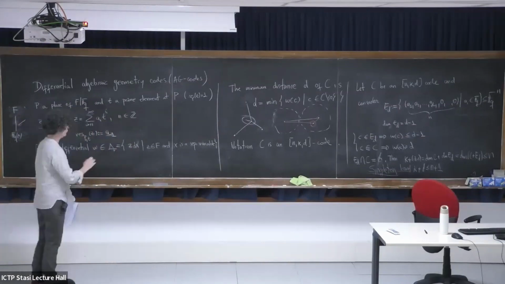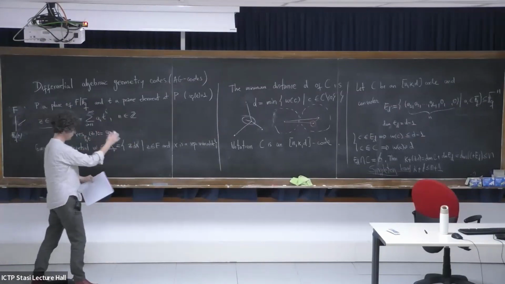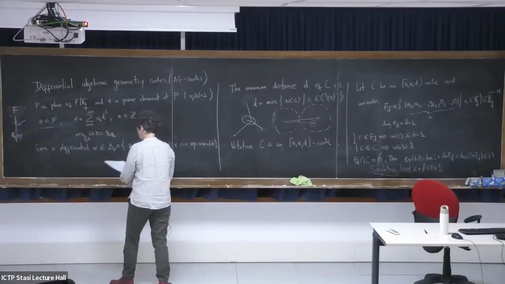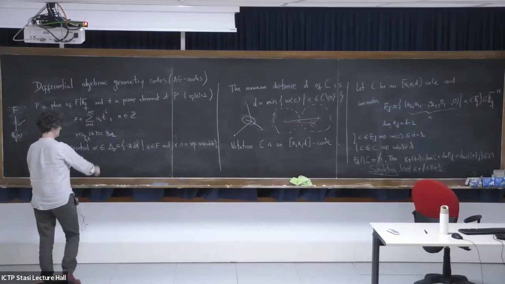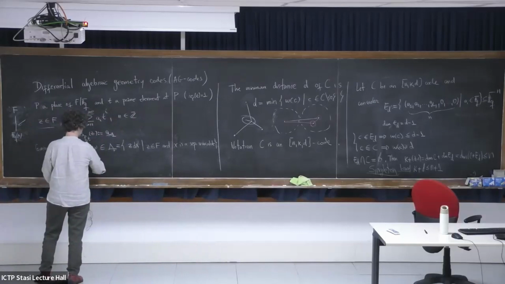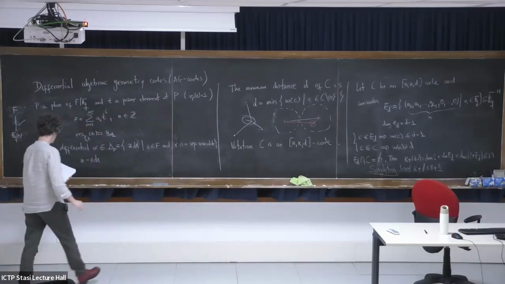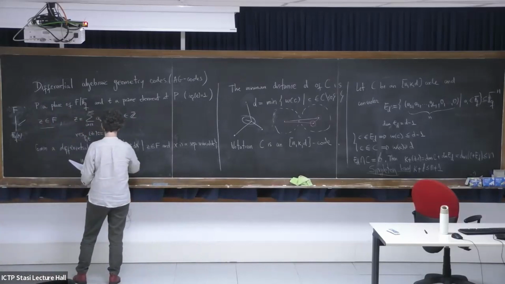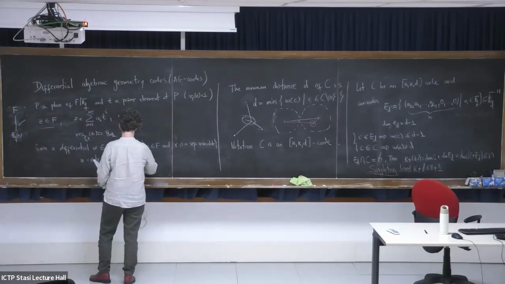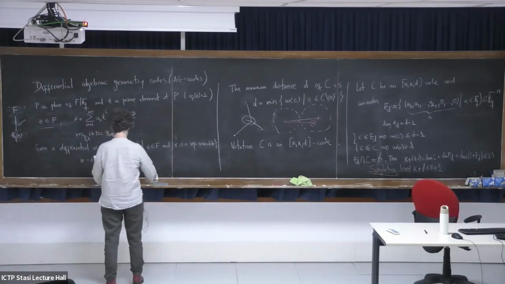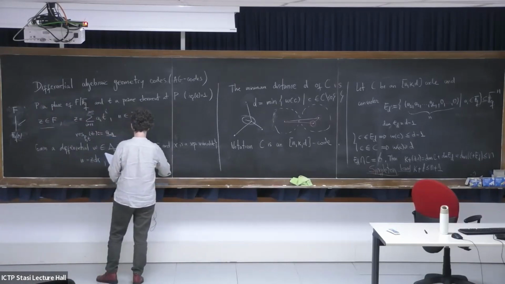Okay? And now you know how to add differentials. You know how to do everything. And so your differential omega is just z dx. And we define the residue at P of the differential omega. This will be just the residue at P of the function z.